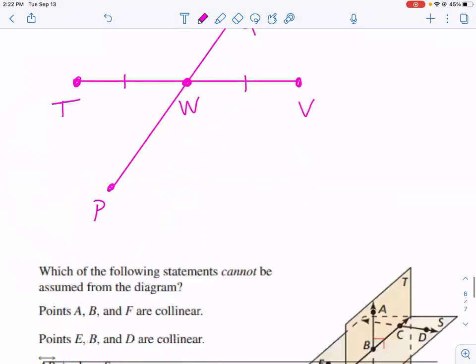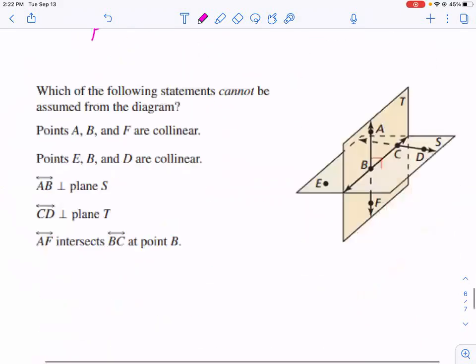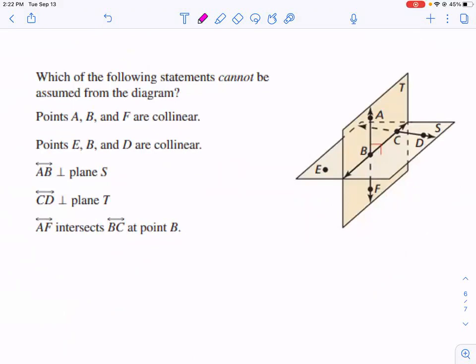Last thing before we are done, I want you to look at this picture. We're going to put a check mark on things that are true and an X on things that are not true. So let's see, A, B, and F. According to this picture, are they collinear?